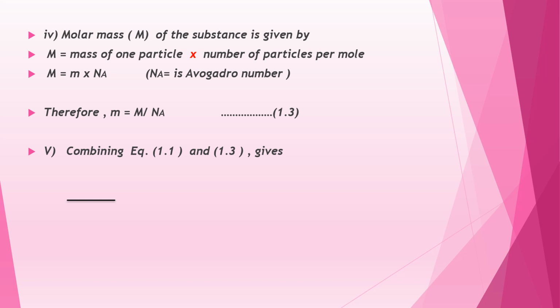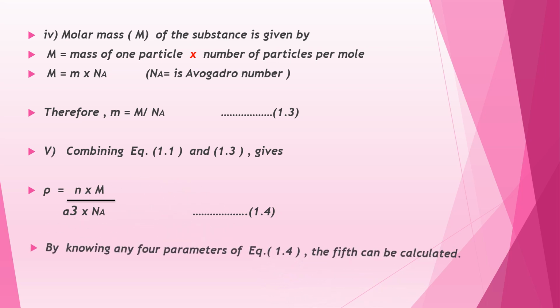After this we get rho is equal to n into M upon a cube into Na. These are the final equations. By knowing any 4 parameters from equation number 4, you can then calculate the fifth one easily.